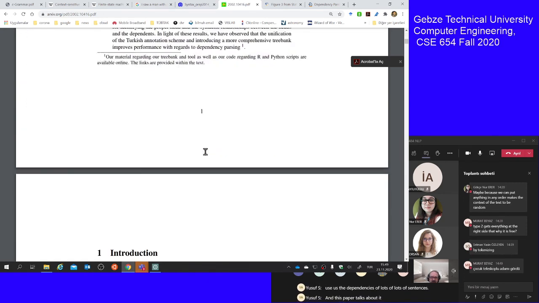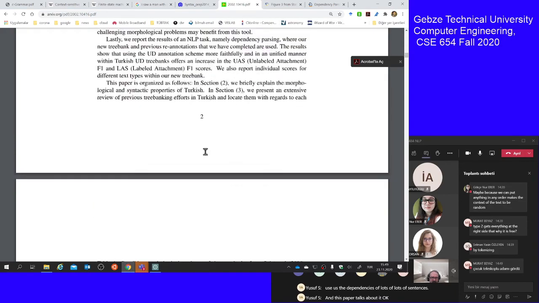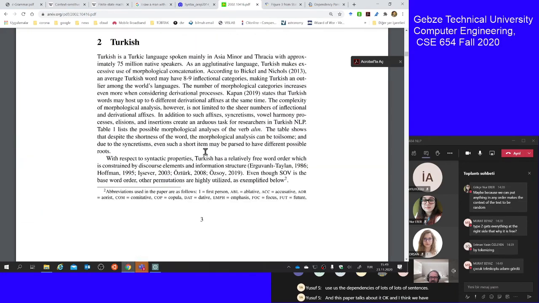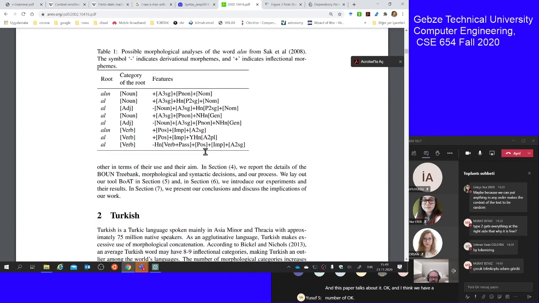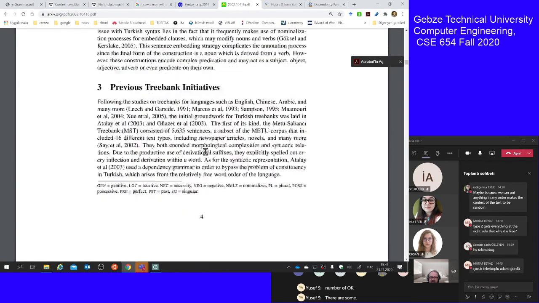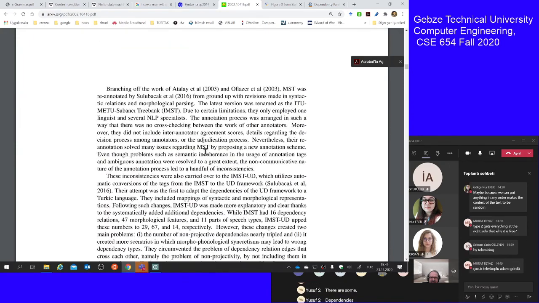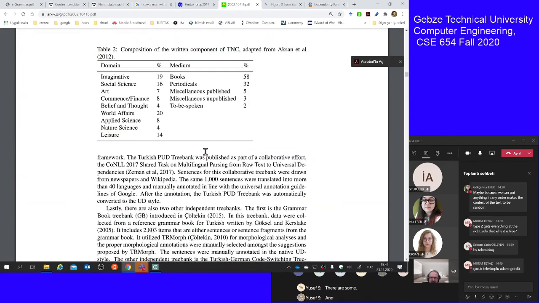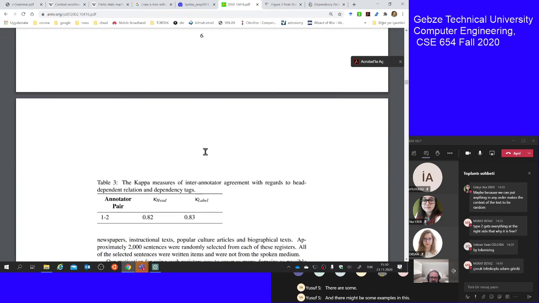And I think we have a number of dependencies, and there might be some examples in this.